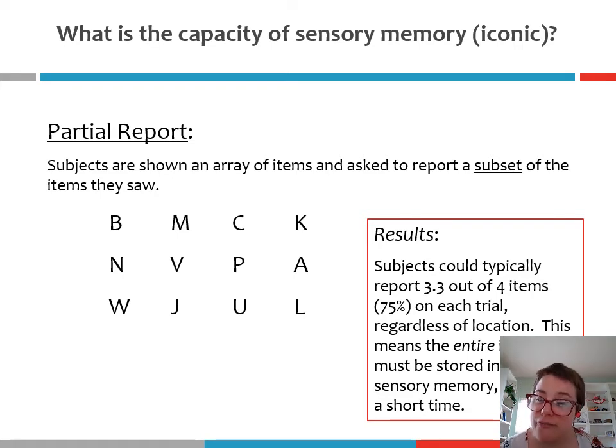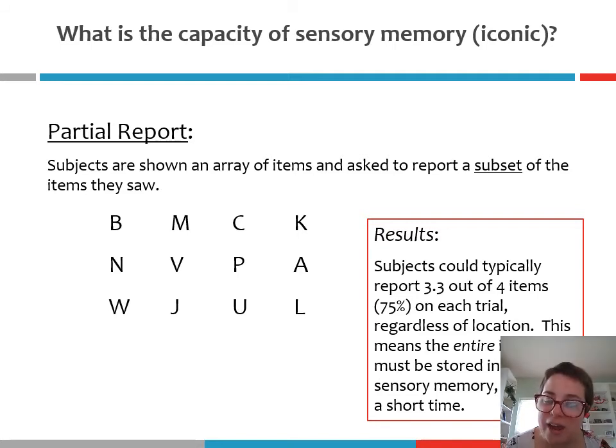And remember, if I go back, right, to the previous slide where I showed you the procedure, they weren't told which row to report until after the array had already disappeared, right?